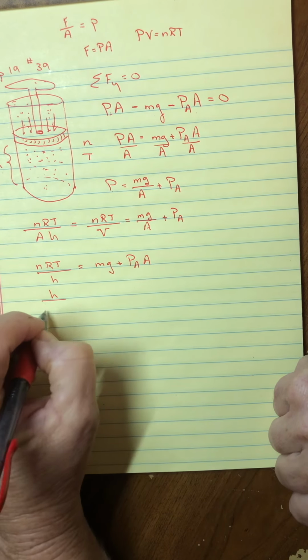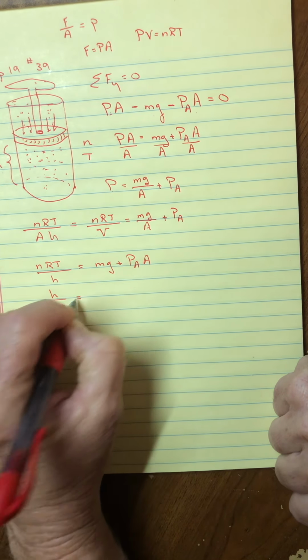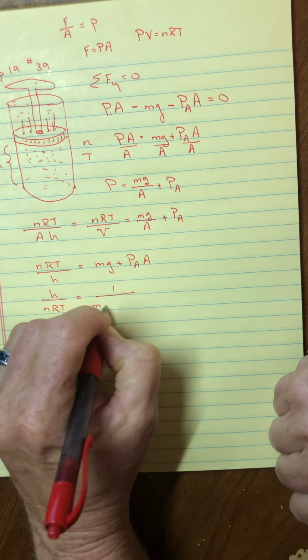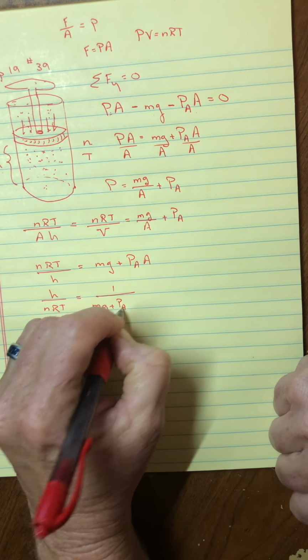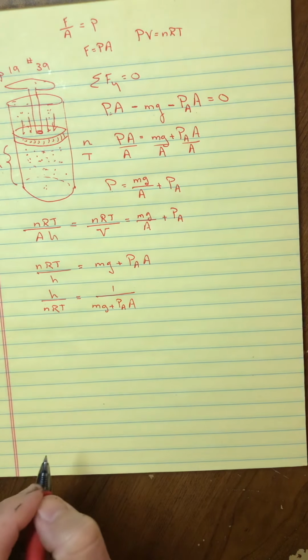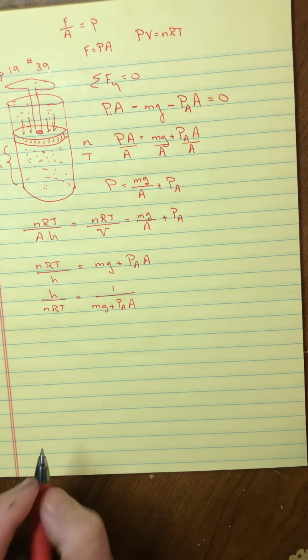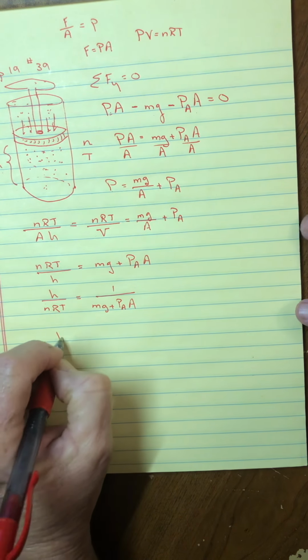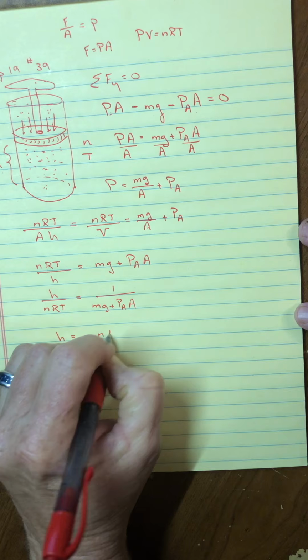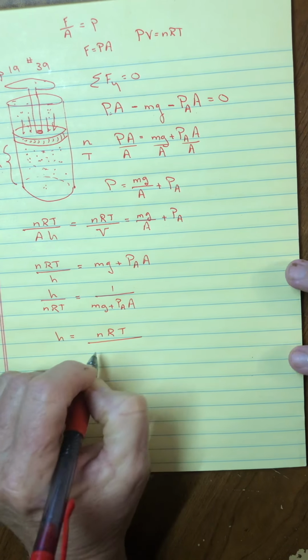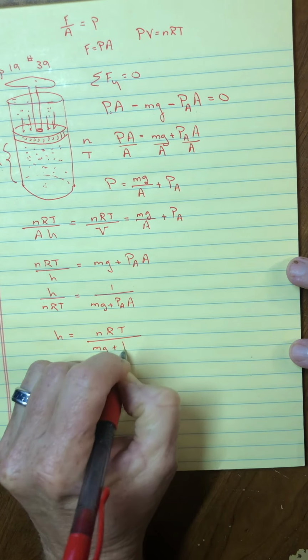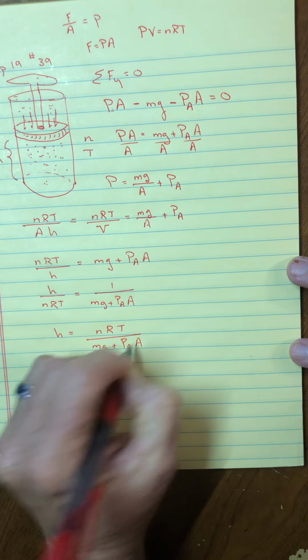So this would be H equals nRT, and then this would be 1 over mg plus atmospheric pressure times cross-sectional area A. And then finally moving it to the other side, H would be nRT over mg plus atmospheric pressure times area.